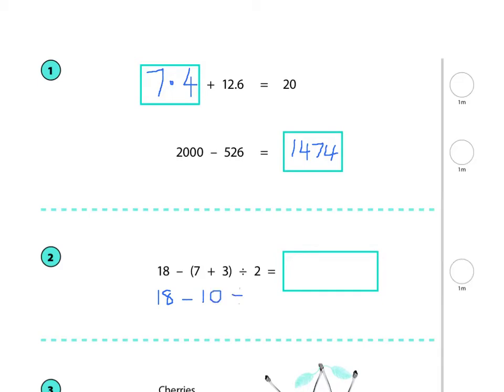Then I have to decide which gets done first, a subtraction or a division. In the word BIDMAS, D, division, comes before the S for subtraction, so I would do the division next. 10 shared by 2 is 5, so I would then work out what 18 minus 5 is, and the answer is 13.